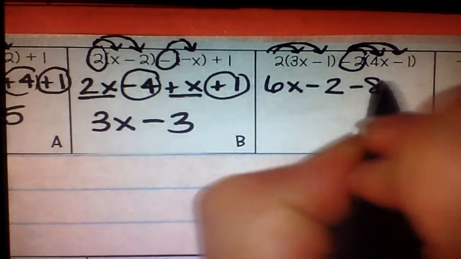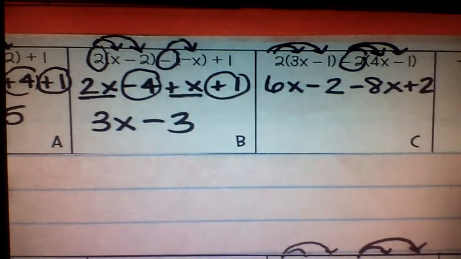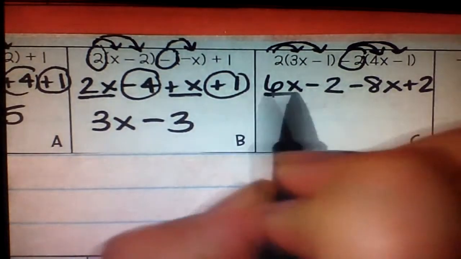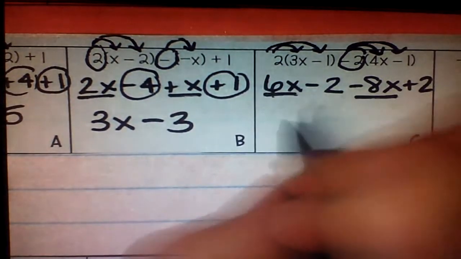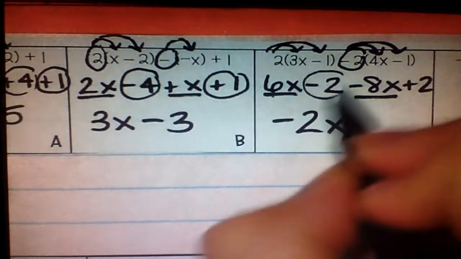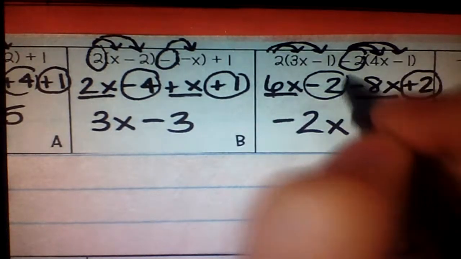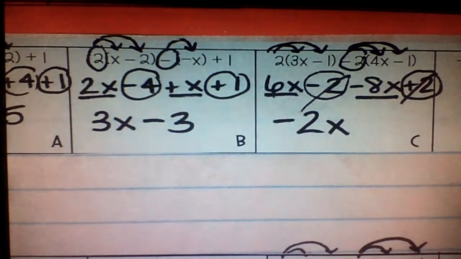So -8x plus 2. Well, when I go to combine like terms, my x's go together. -2x. And the 2's cancel out. I have a positive and a negative. Well, they just go bye-bye. So your answer is just -2x. Okay.